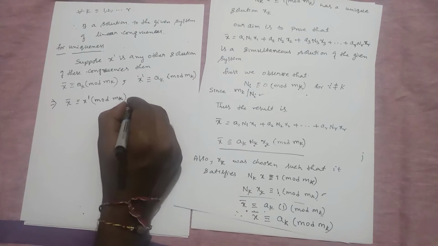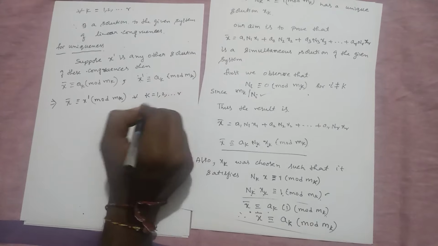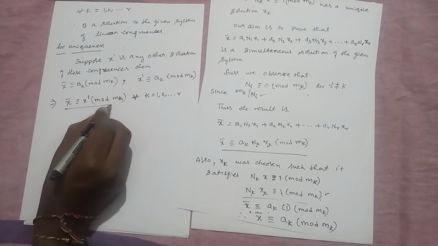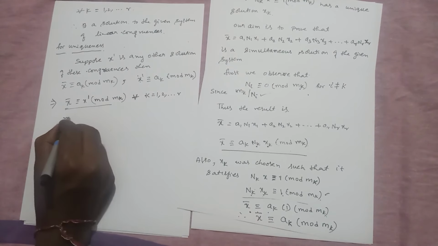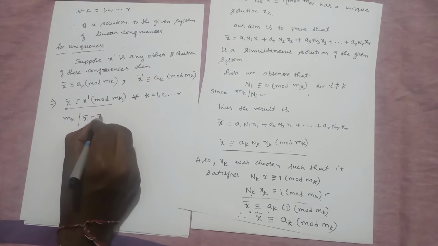So for all k equals 1, 2, 3, and so on up to r, by using the congruence definition, we can write mk divides x bar minus x dash for each k, since the GCD of any two of the moduli, mi comma mj, equals 1.